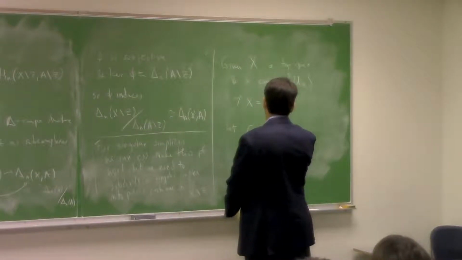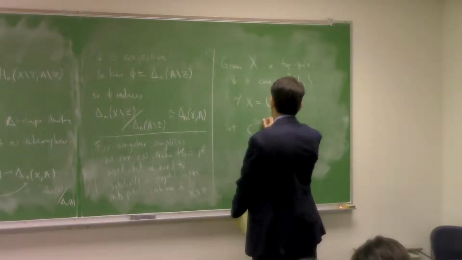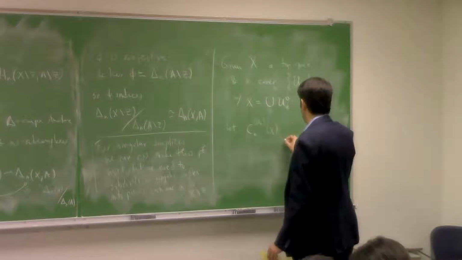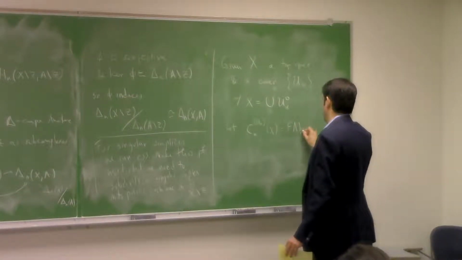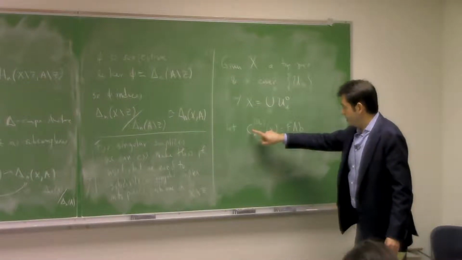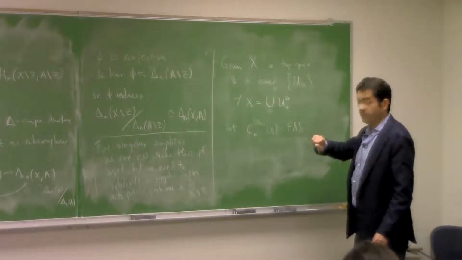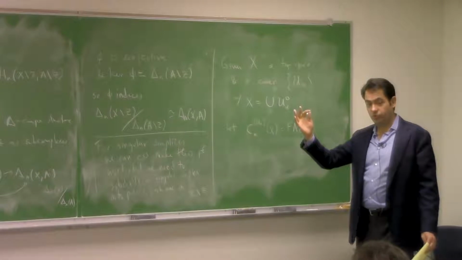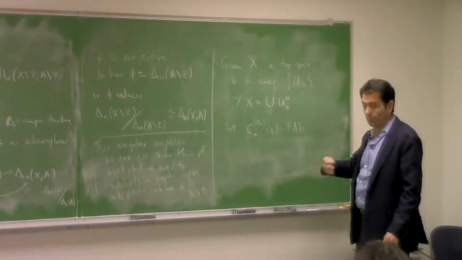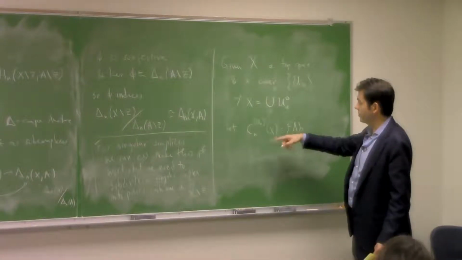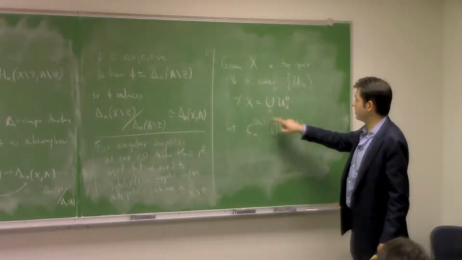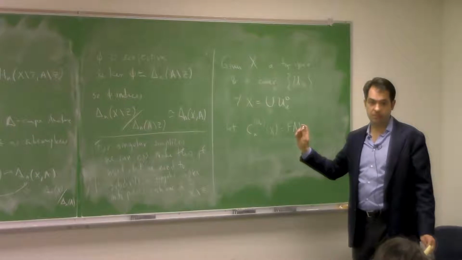Let C_n^{U_alpha}(X) be this. So remember that the nth chain group of X is the free abelian group on all of the singular simplices mapping into X. So now we're going to take the free abelian group on all of the singular simplices whose image lies in the interior of one of these guys.